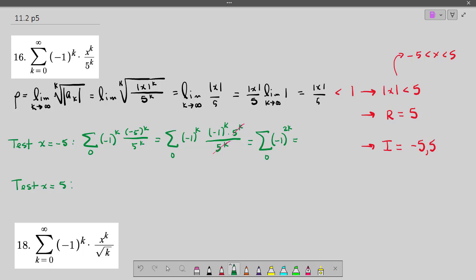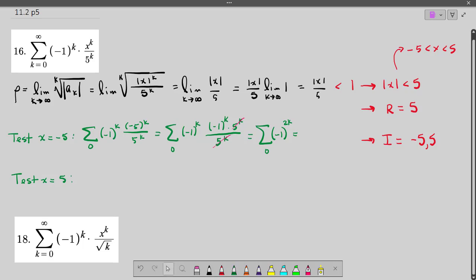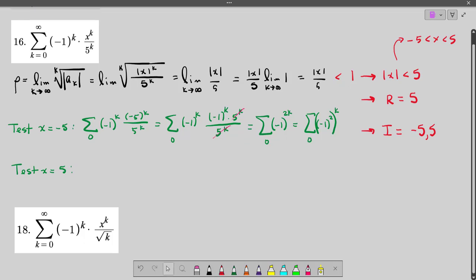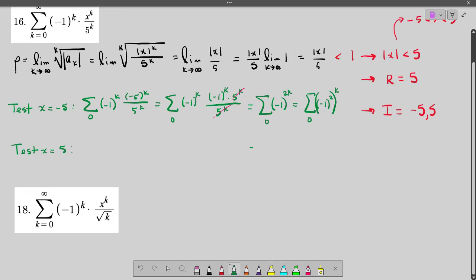1, right? Let's write some gory details down here. You could write this as -1 to the 2 all to the k, starting at 0, which gives us 1 to the k, and 1 to the k is 1, so we have that.